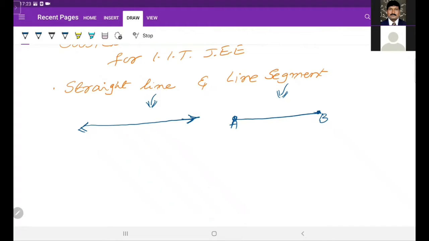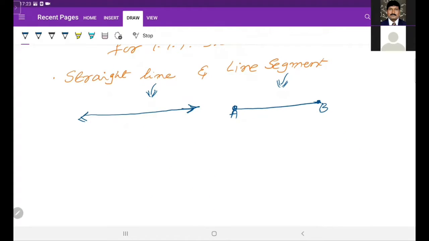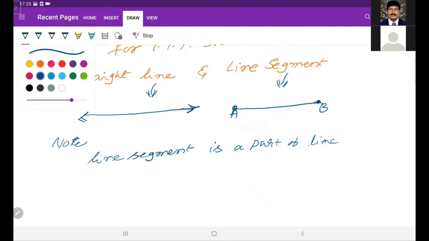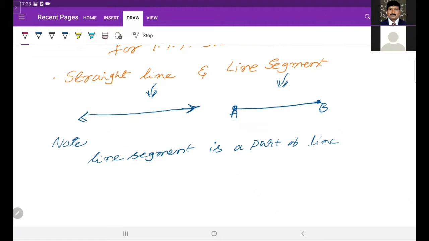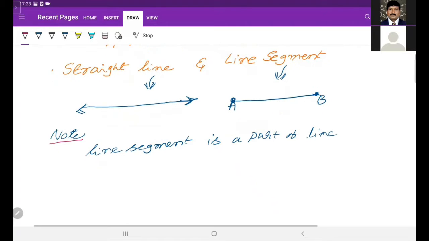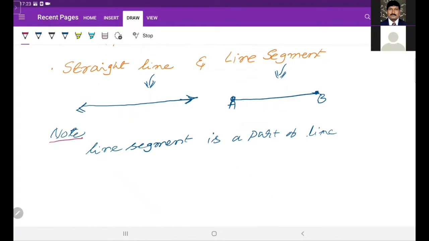Okay? Note, line segment is a part of a line.